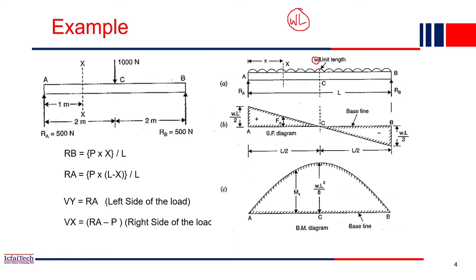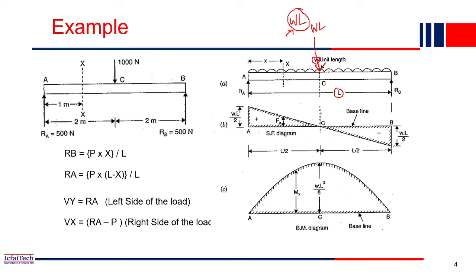If you replace this entire UDL by a single concentrated load acting at the center, the force will be W into L. Here W is load per unit length and the total length is L, so the total load acting downward is simply WL.